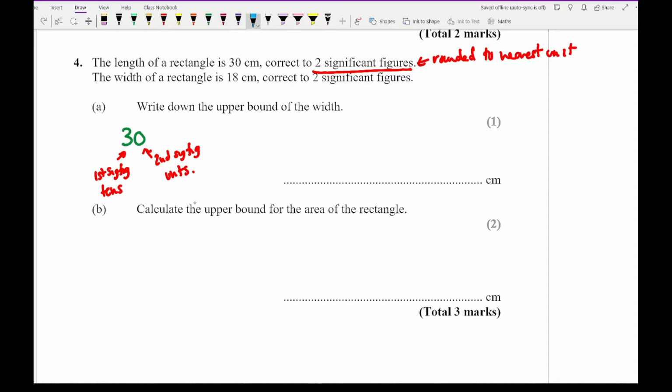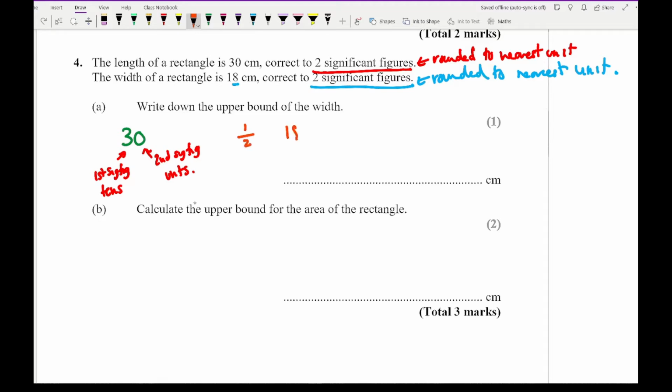For 18, that's going to represent the exact same. So the second sig fig is the second number that represents units. So that's also been rounded to the nearest unit. So in terms of the upper bound of the width, I look at the unit and I divide that by 2.